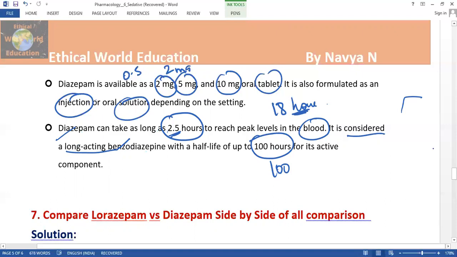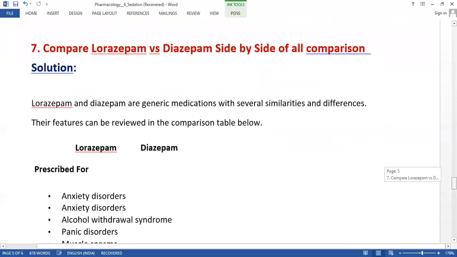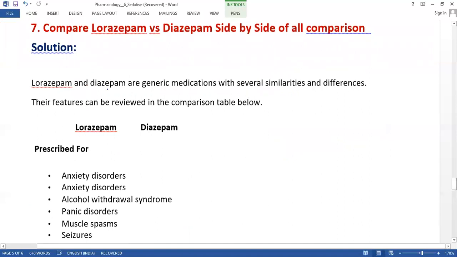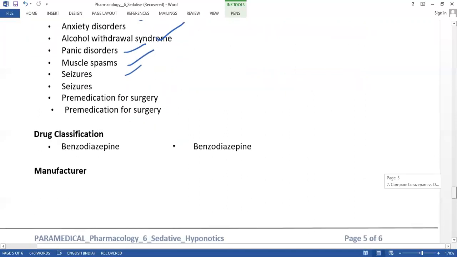Then let us compare lorazepam and diazepam side by side. These are generic medications that have some similarities and also some differences. Both lorazepam and diazepam are prescribed for anxiety disorders, alcohol withdrawal symptoms, panic disorders, muscle spasms and seizures, and also as a pre-medication for surgery.